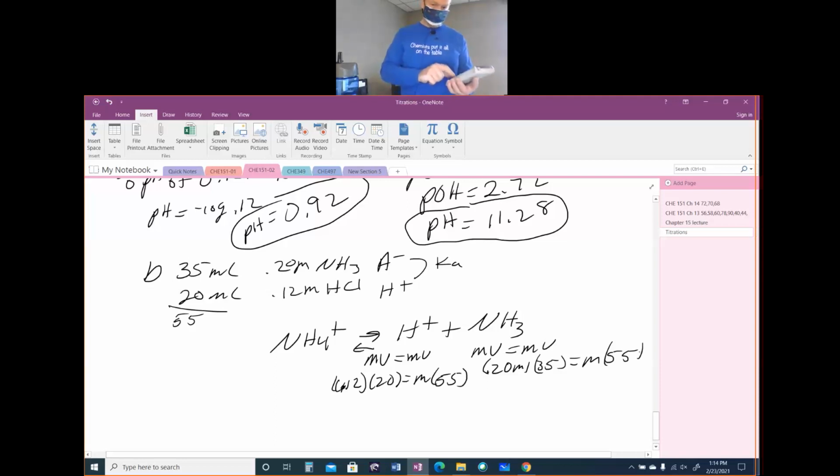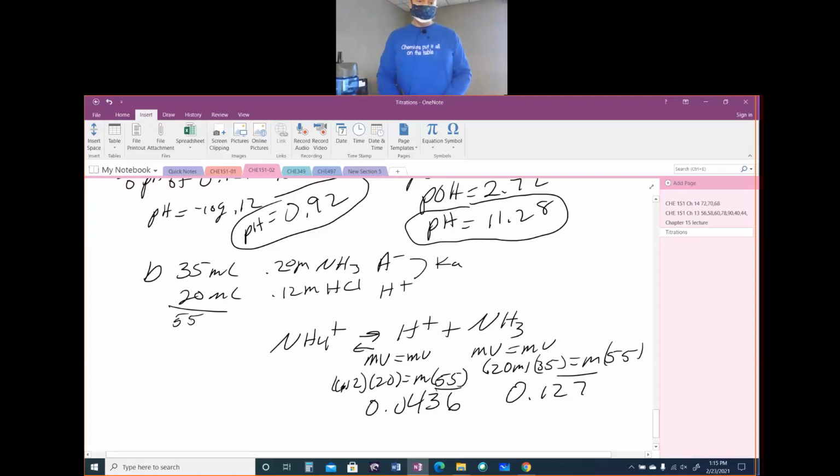So 0.12 times 20 divided by 55, and that is 0.0436. And then the 36 keeps repeating. And then you take your 0.2 times your 35 divided by your 55, and you get 0.127, with the 27 that keeps repeating.